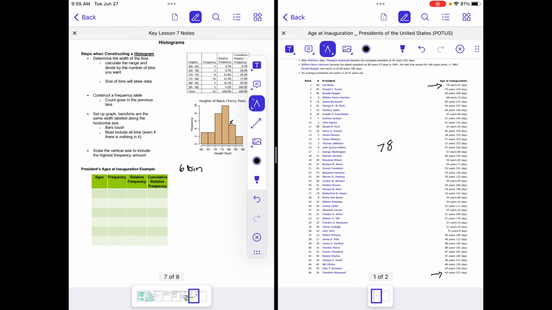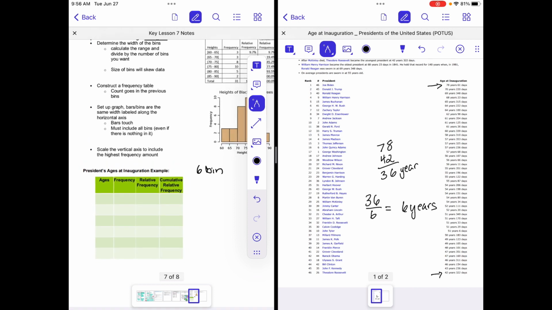I have 78 to 42, and if I subtract those numbers, I get 36 years. If I want to divide 36 into 6 equal groups, that would get me 6 years per group. So step 1 is to always figure out the bin size if you're not given it. That's determining the width of the bins.